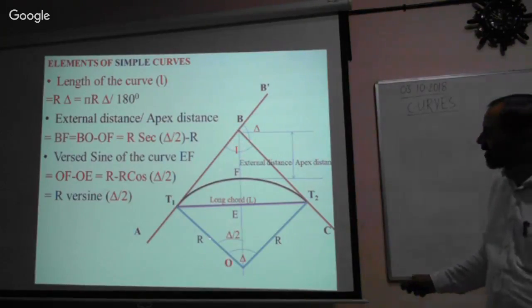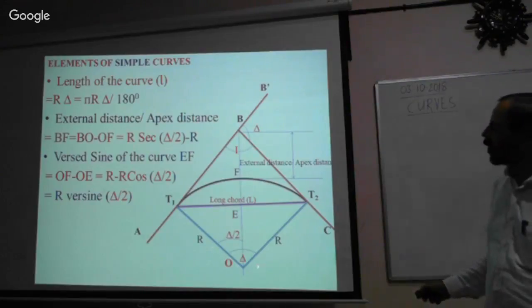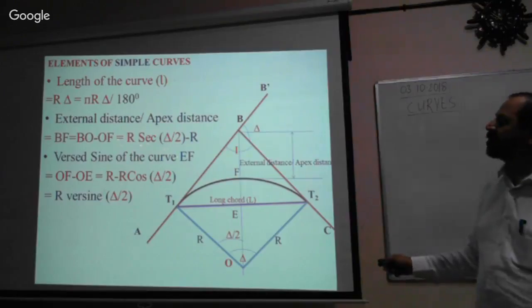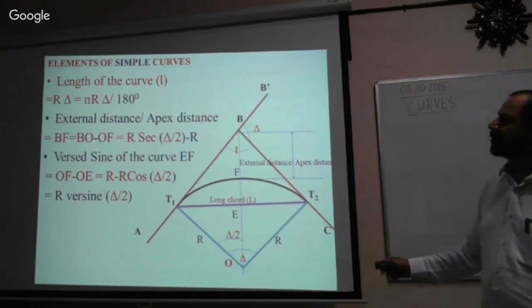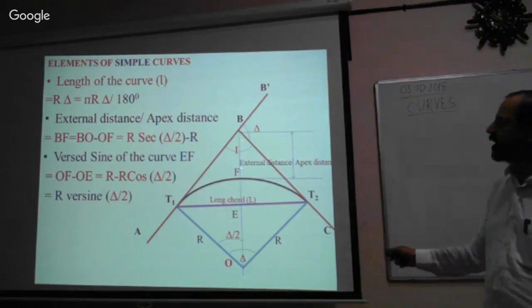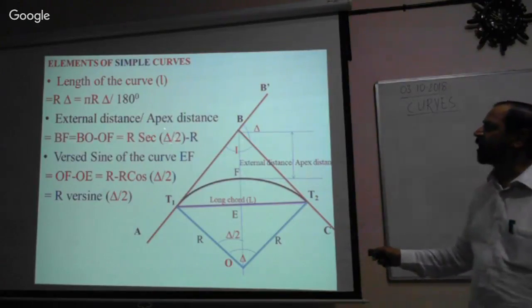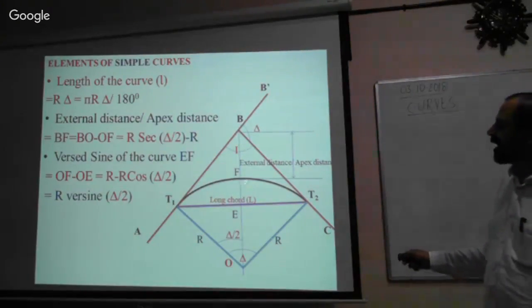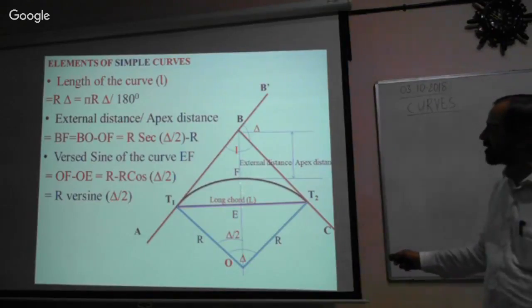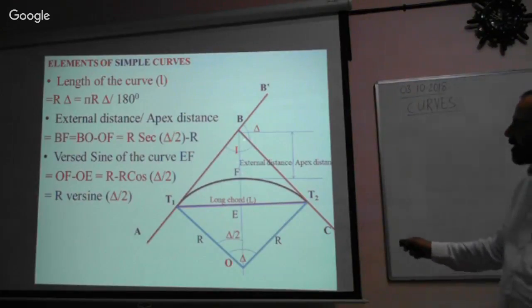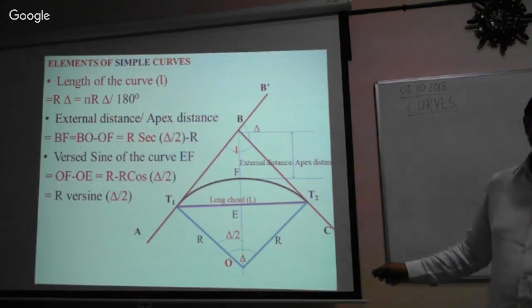Solve the triangle T1 O B. Then the external apex distance FB is equal to R secant delta by 2 minus R. And EF is called the versed sine. Again solve the triangle, and we get OF minus OE.